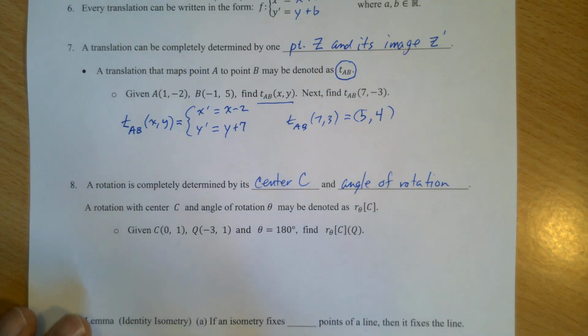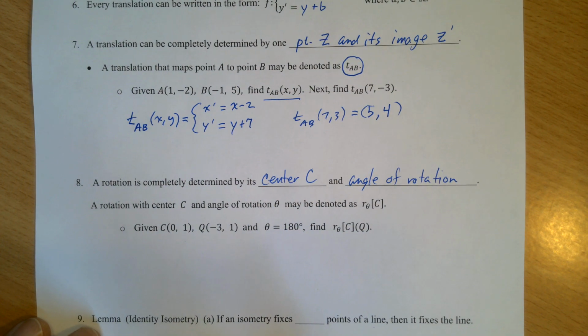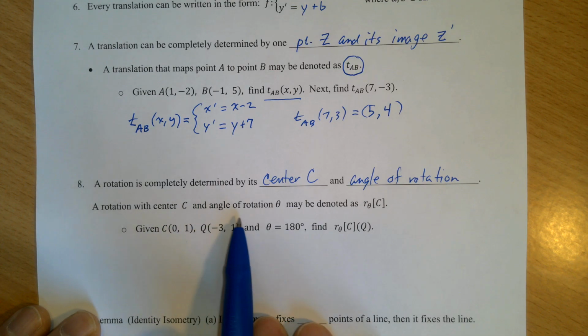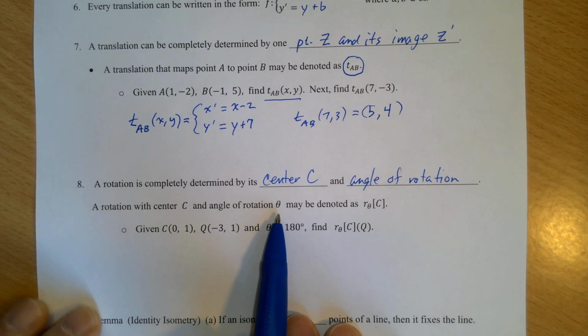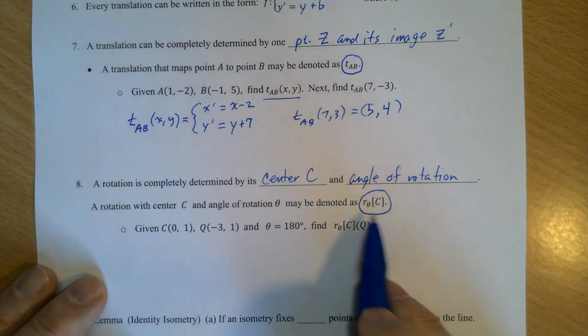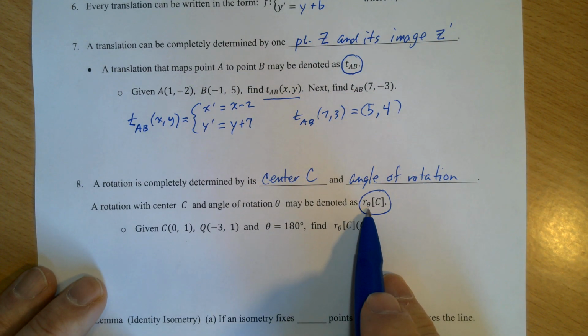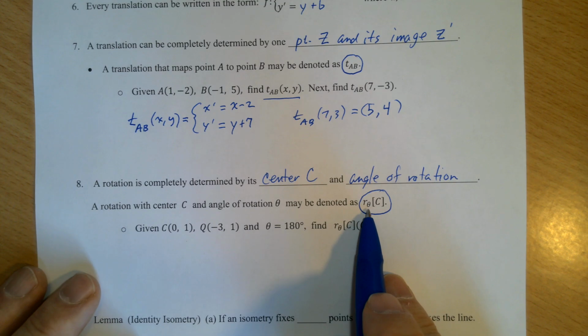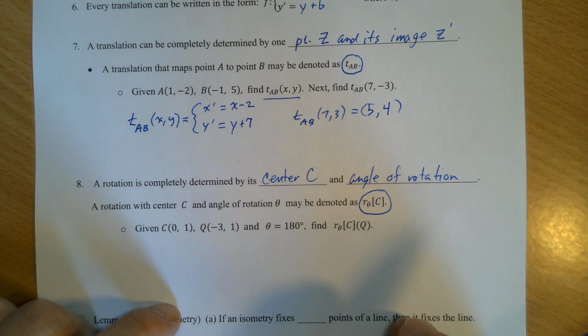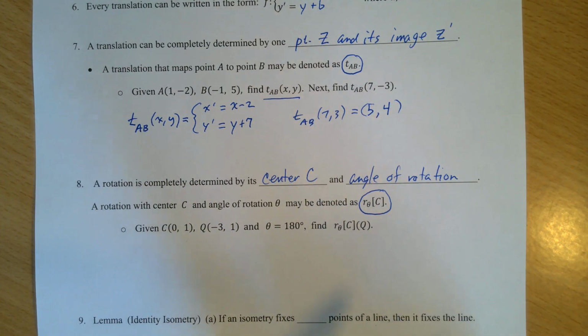What angle of rotation? Well, a rotation with center C and angle of rotation theta can be denoted like this. That's how we would write it. R for rotation, theta it could be 90 degrees, 72 degrees, something like that. And C will be an ordered pair that would represent the center of the circle that you're rotating around.